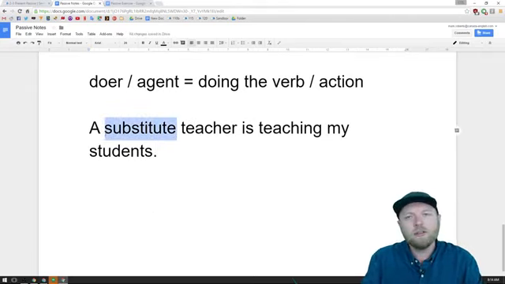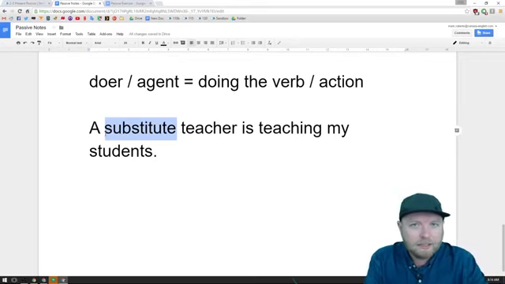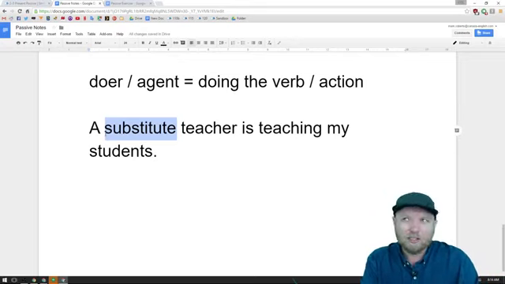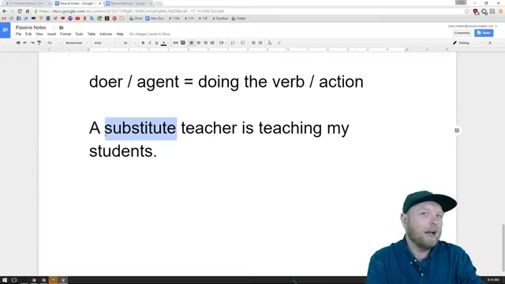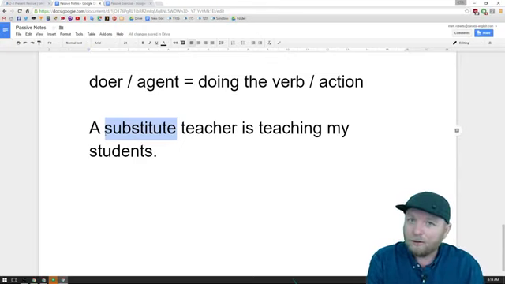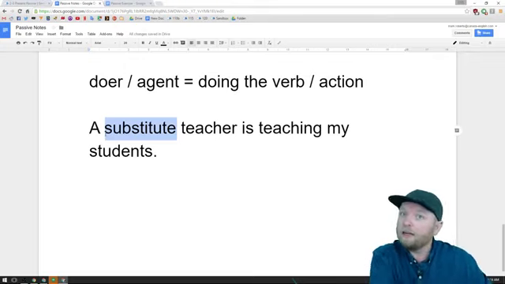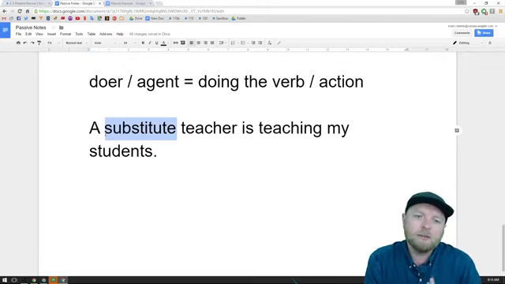Well, you guys, you know, in soccer, the best players start the game, but maybe after 1 hour, they get tired and they put another player in. That's called a substitute. So sometimes the teacher is sick, right? And so a different teacher will come and teach the class. That's called a substitute teacher. So a substitute teacher is teaching my students.